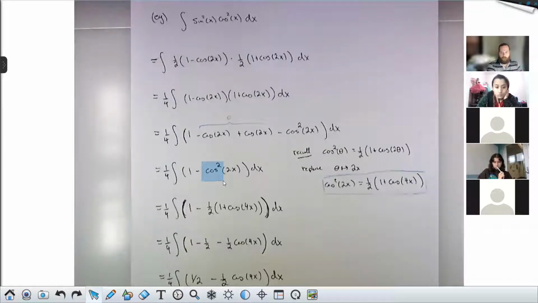Well, the only way I know to integrate even powers of sine or cosine is the half-angle identities. So I better apply another half-angle identity to this thing. And that's what this is. This down here is the half-angle equivalent of cos squared 2x. And we got that by substituting in 2x for theta in the half-angle identity.